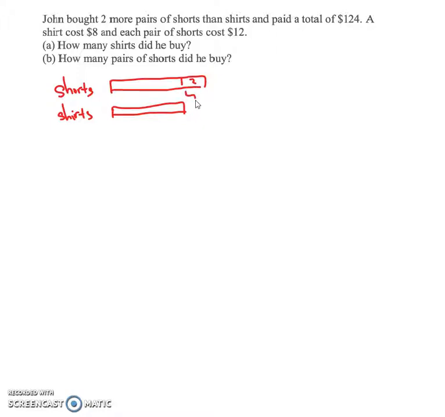So how much do these 2 pairs cost? 2 times $12 equals $24. So we need to find out this part that is equal, how much did he spend? Then you take 124 minus 24, which is this part, equals 100.